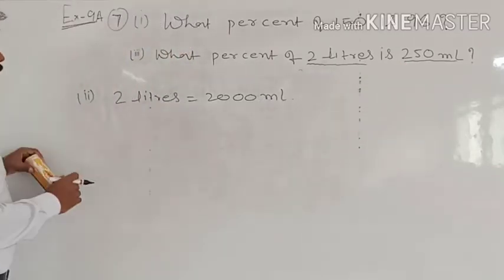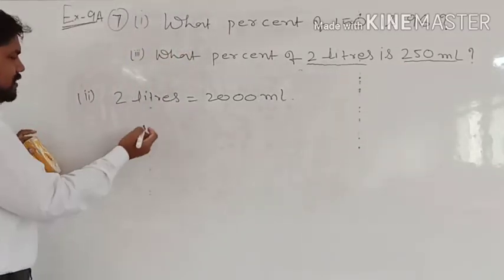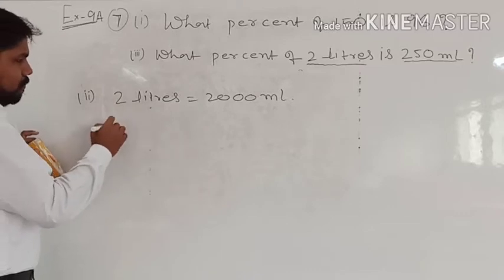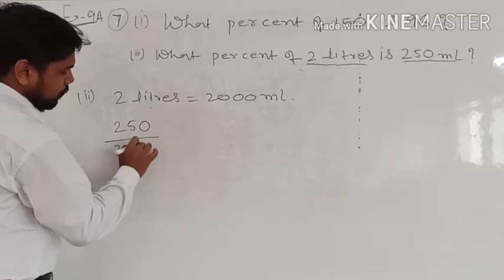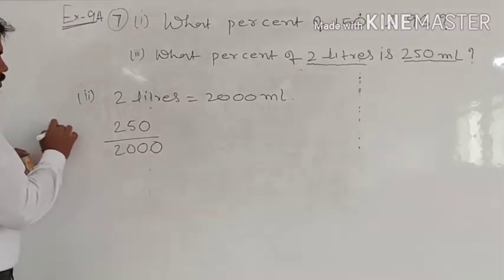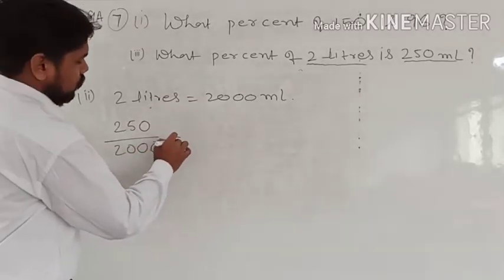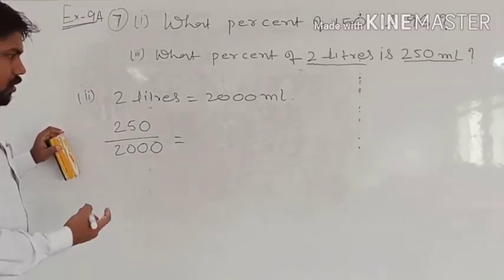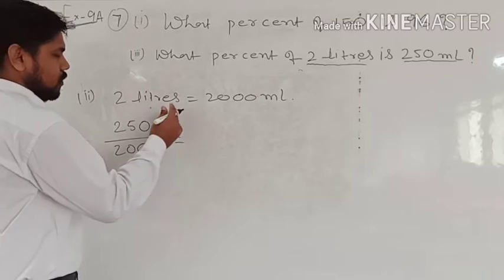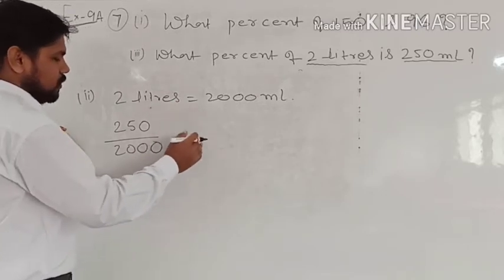So now it is asking out of 2000 milliliter what percent is 250. If you want to write this ratio as a fractional number, it will be 250 divided by 2000. If you want to convert that into percentage, you have to multiply with 100.